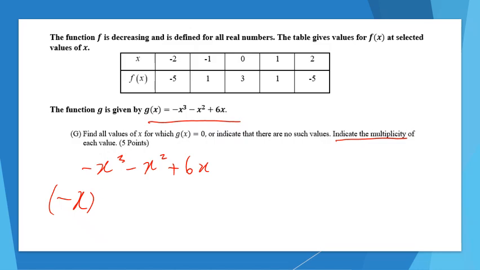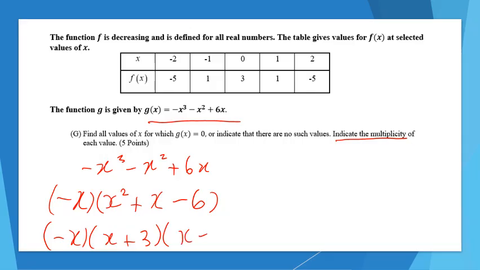The reason why I'm factoring out -x is so the trinomial that I'm going to be left with has a positive leading coefficient, because you're going to need to factor it. So if we take out a -x, we're left with x squared plus x minus 6. And then we can factor a little more to get x plus 3, x minus 2.